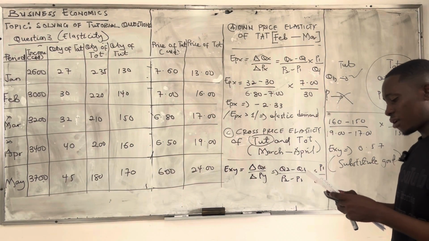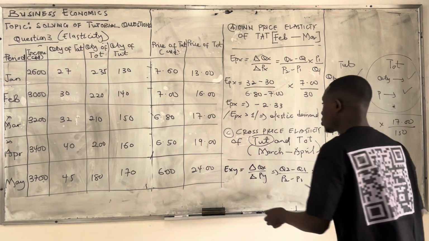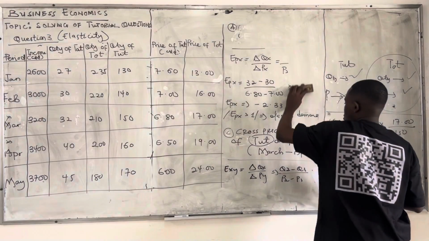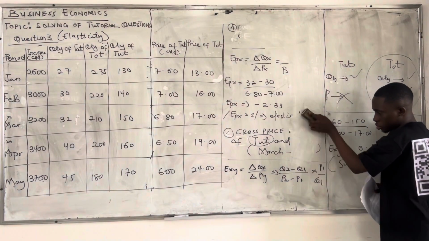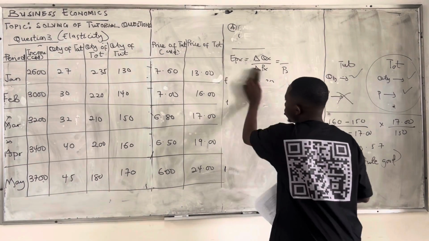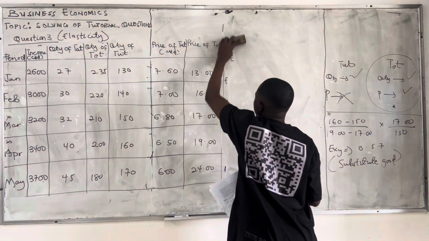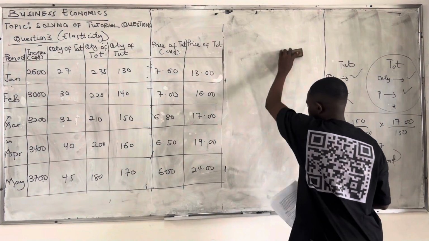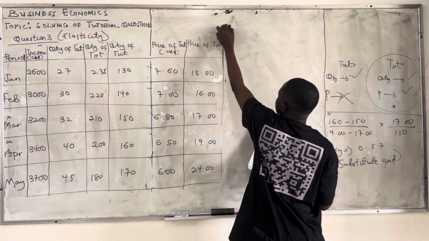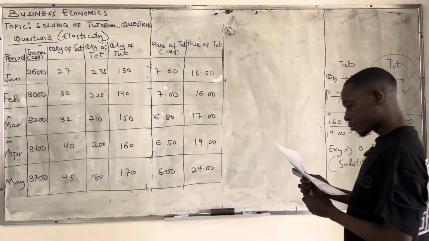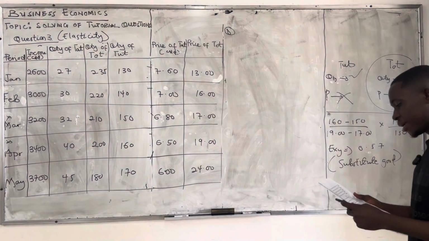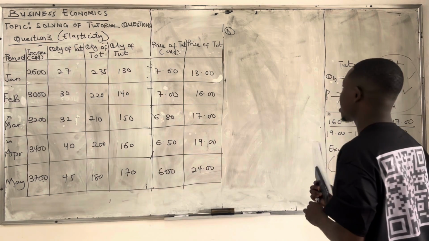So the D part of the question is asking for income. So this is D. With the D, calculate the income elasticity of demand for that.